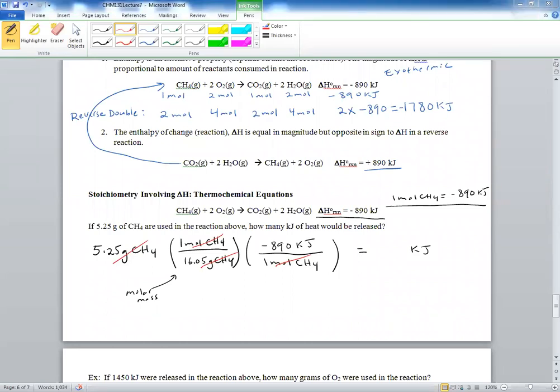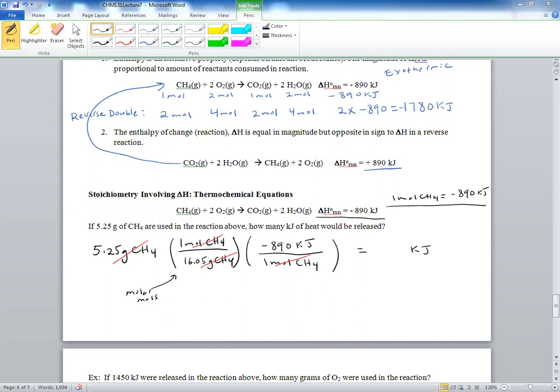So if you do this calculation, of course, the negative sign will remain.